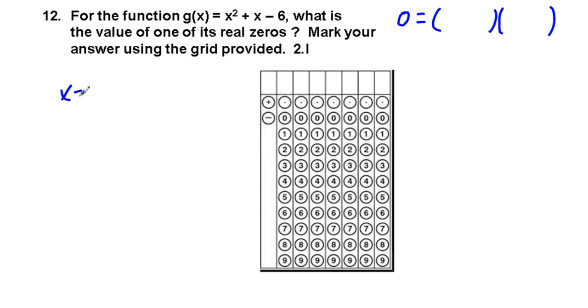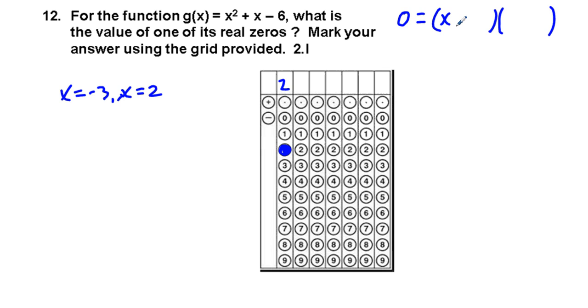So x equals -3, x equals 2. And so we can put in either one of our answers as our correct answer. I'm just going to put in 2. So I put in 2, bubble that in, then -3 would have worked also. And also we can factor this polynomial and set equal to 0.